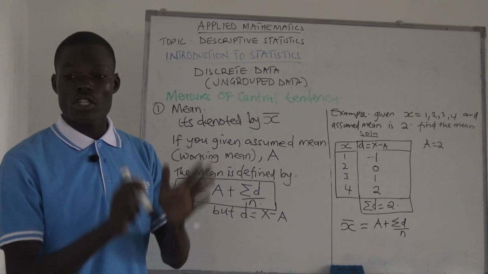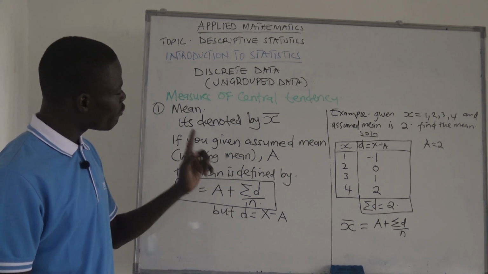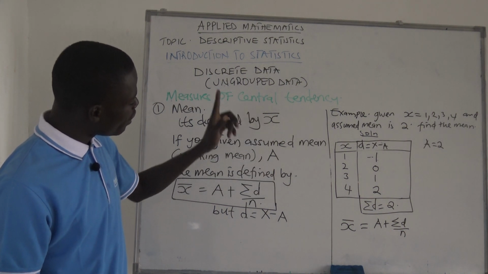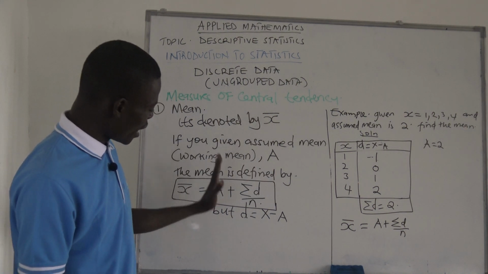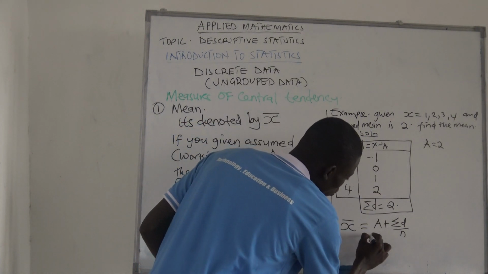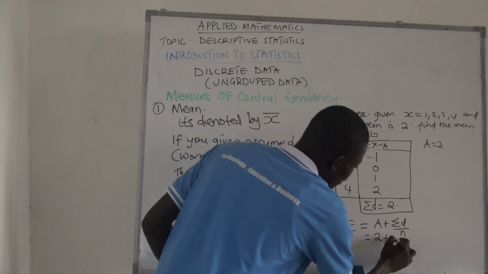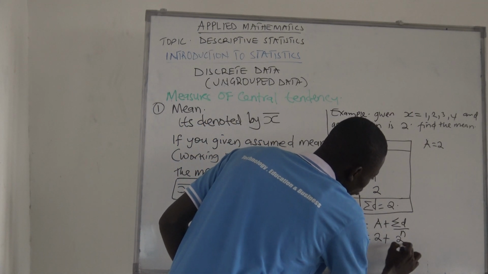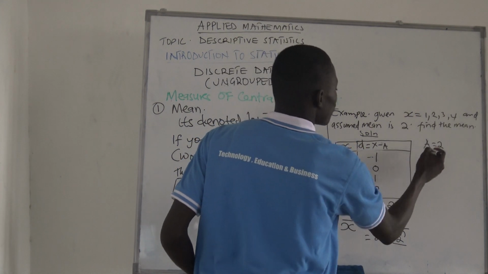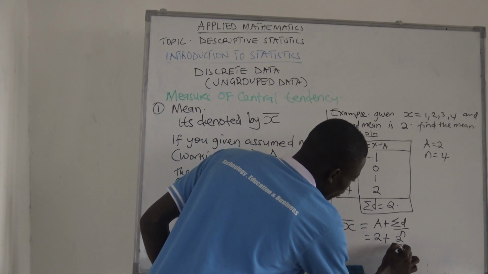The assumed mean is not affected. We only have x out of n. Assumed mean plus d out of n, but not a out of n. So our a was 2 plus the summation of d, which is still 2, out of n. N is 1, 2, 3, 4. So our n here is equal to 4, so 2 out of 4.